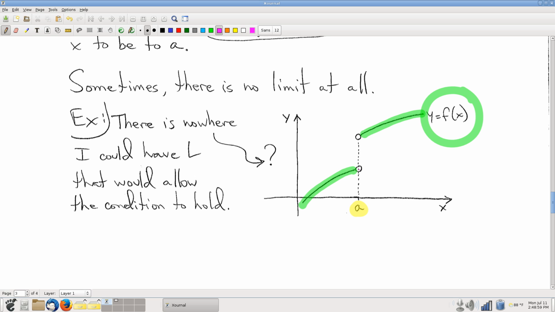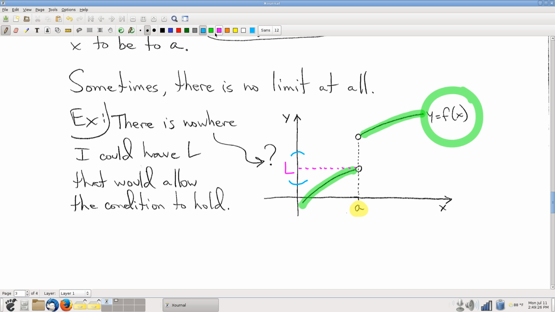Looking at where I drew this little circle here, based on that, let's suspect that maybe that's the limit. Let's put L there and see if the required condition holds. Well, even if I merely need to require f to be no more than this far away from L, I already can't succeed in that.